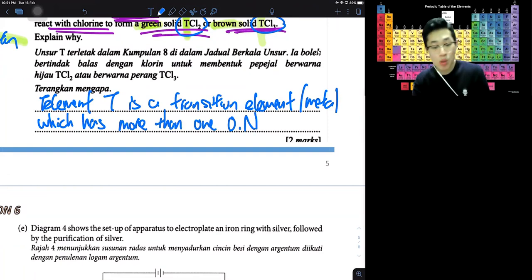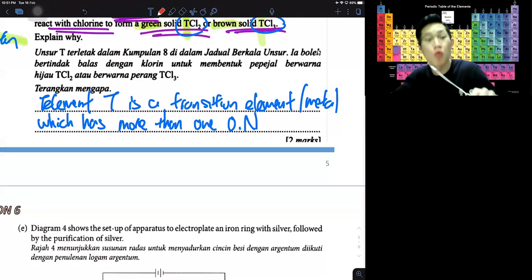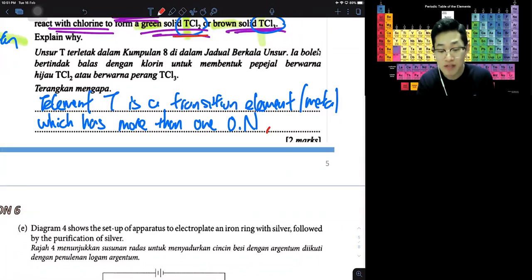So basically, this is a question where you have to mention the special characteristic, but they use a different way to let you write the same answer. Okay, it has two different charges, so more than one oxidation number.